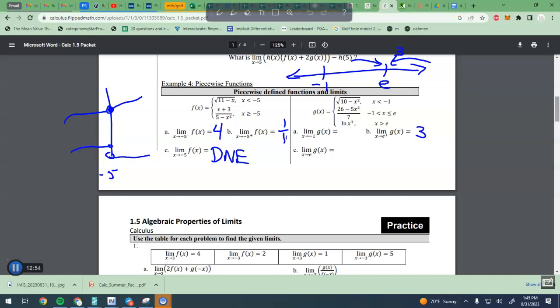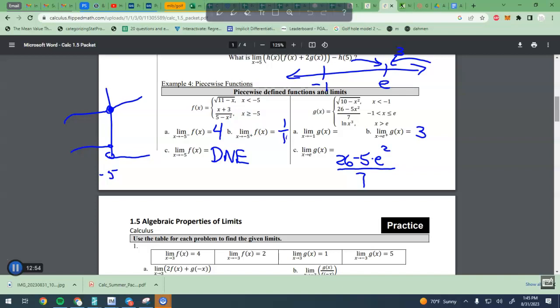I mean, you're probably safe, but I would check it. So I'm going to plug e into this. I'm going to get 26 minus 5 times e squared over 7. I'm not going to do it. All I care about is that 3? So e is like 2.7.